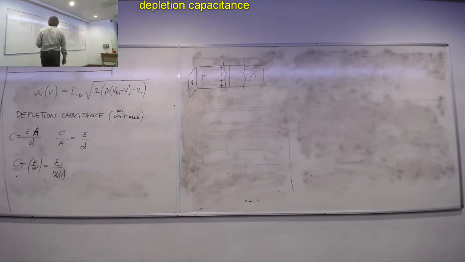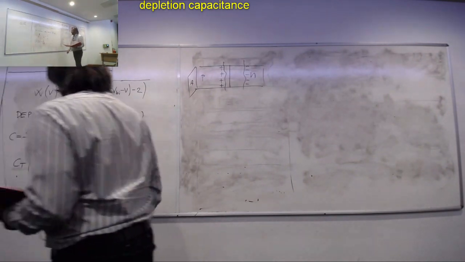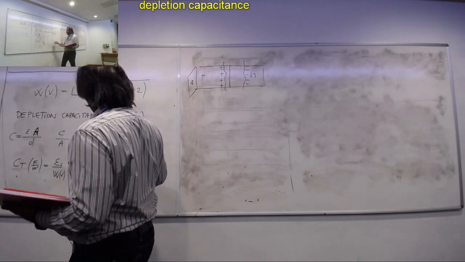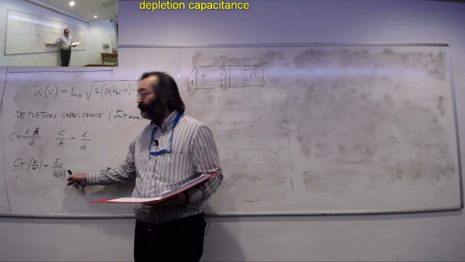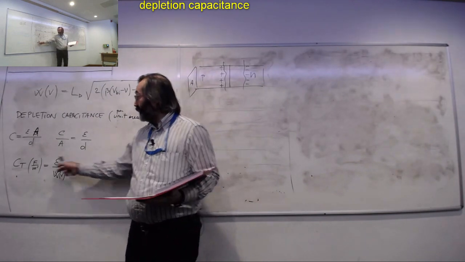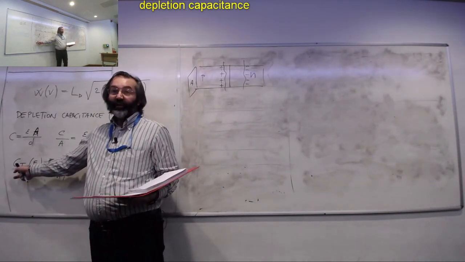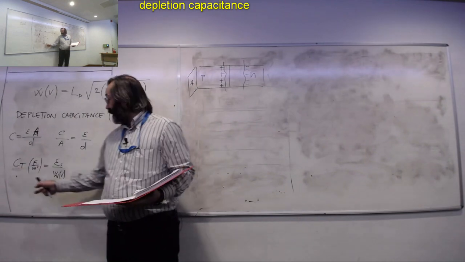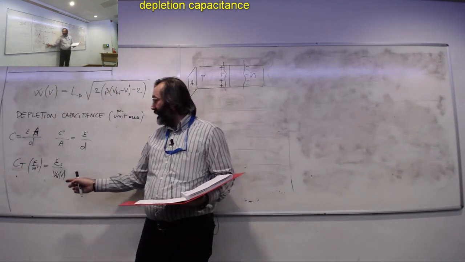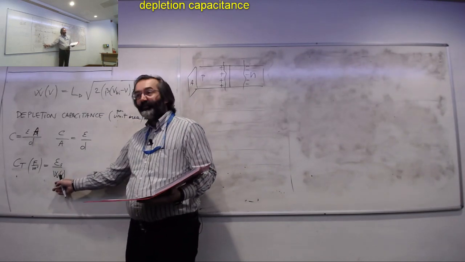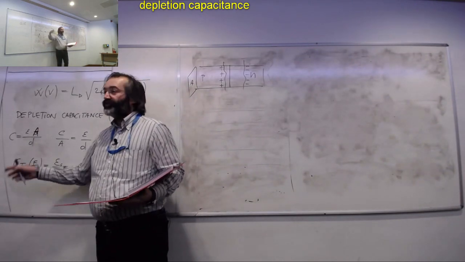Based on what we've said previously, if V is negative, W is large, so I'm expecting CT to be small. When instead V is moving toward VBI, W becomes smaller and smaller, and so CT should increase.